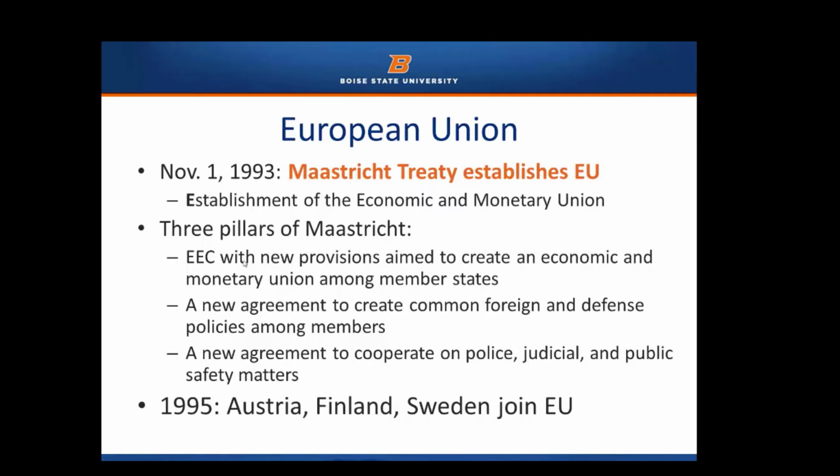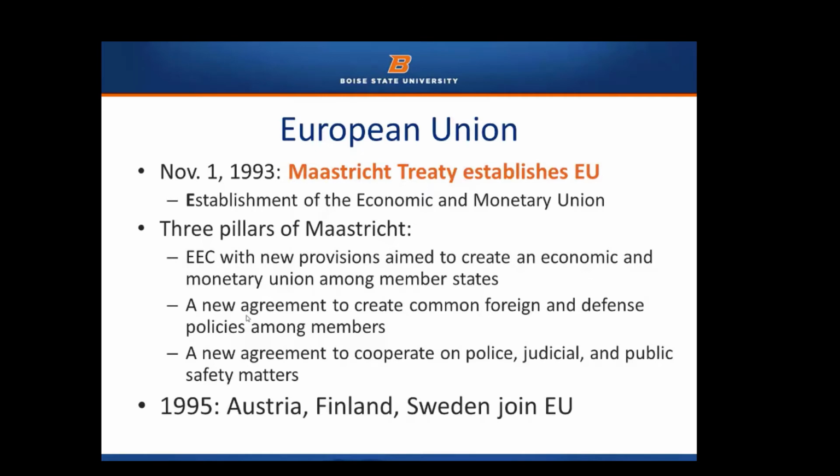This is huge. And so there are the three main, what are called the pillars of Maastricht. So provisions to create a stronger economic and monetary union. That was the first discussion on adopting a common currency.